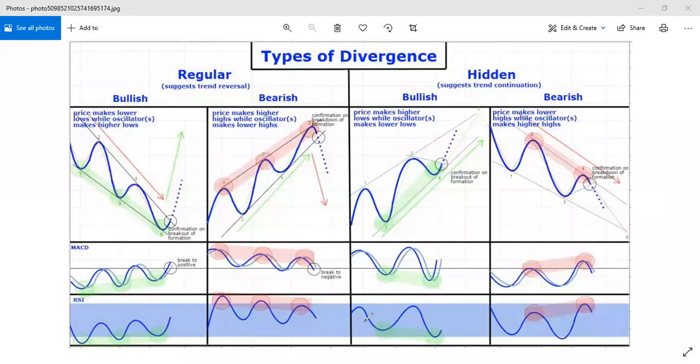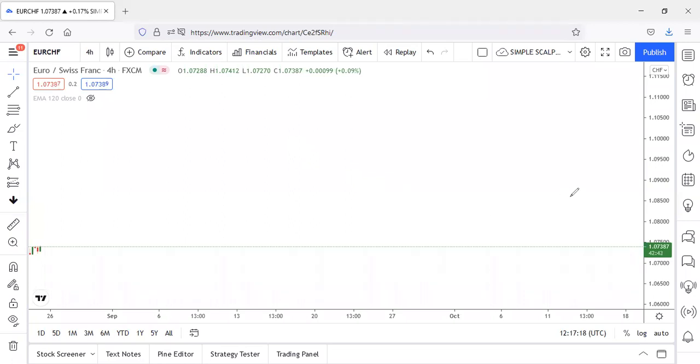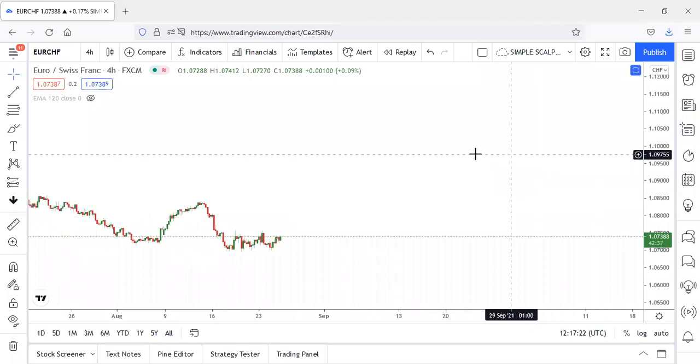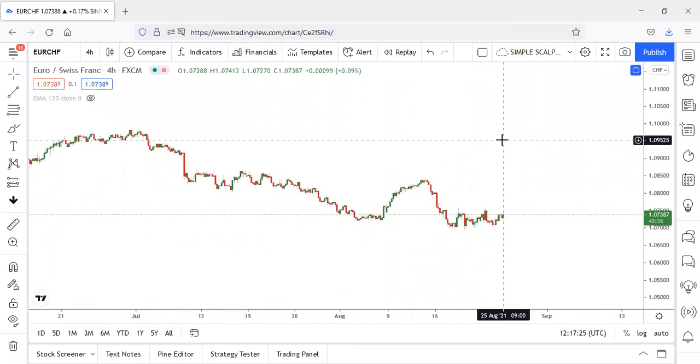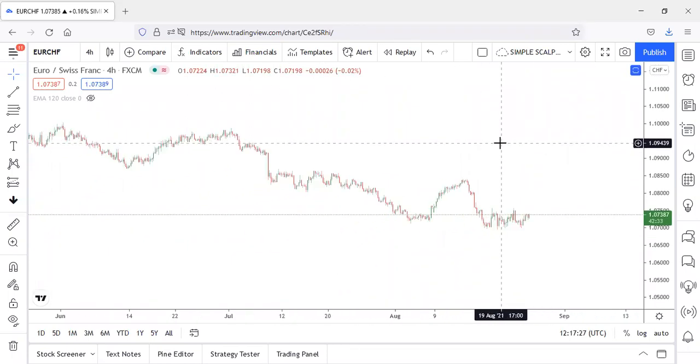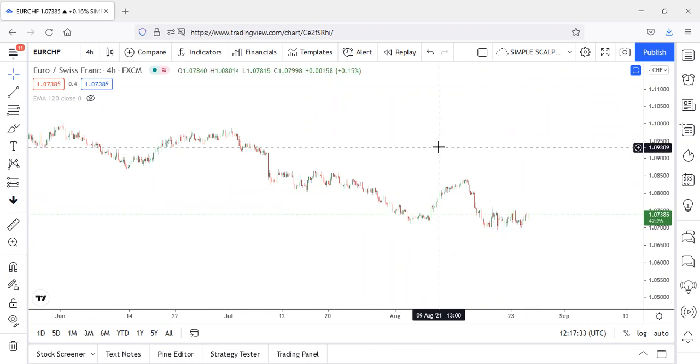Now let's take a look at the live chart. So now here I have Euro Swiss franc right in front of me. Let's look out for a bearish hidden divergence. Now the first thing you want to do is choose your indicator. The best indicators to use, you can either use relative strength index, popularly known as RSI, or you may also use stochastic oscillator, either of the two.